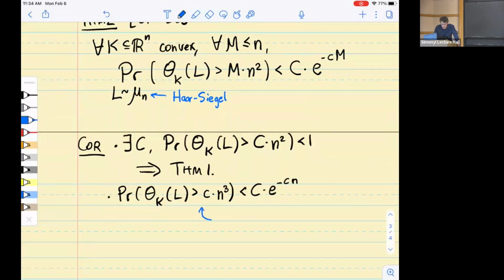Just to give some comparison, the previously best result is by Strömbergsson. And he showed, I think he had something like 1.76 to the power n here instead of n cubed. So it was a much weaker result. This was Strömbergsson in 2012.